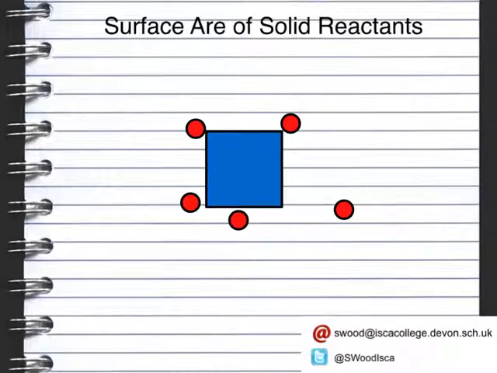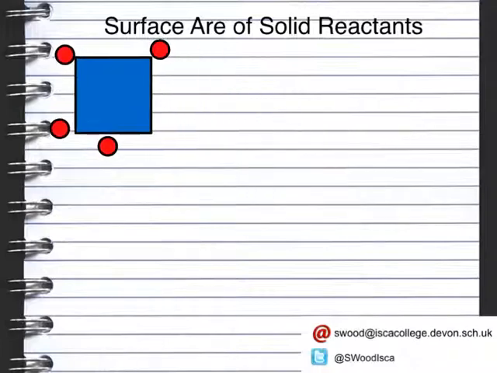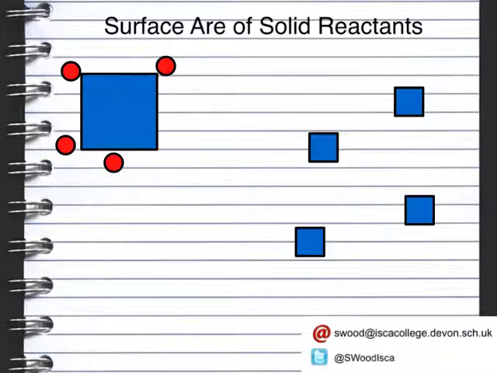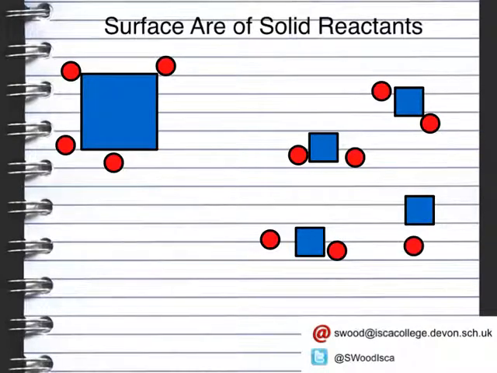So we start our reaction. Now if we were to move those to one side, if we were to break these lumps up, we've got more surface area on these solids where they can interact with our reactants.